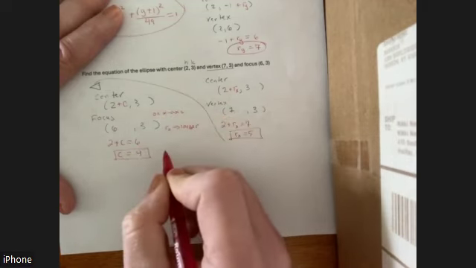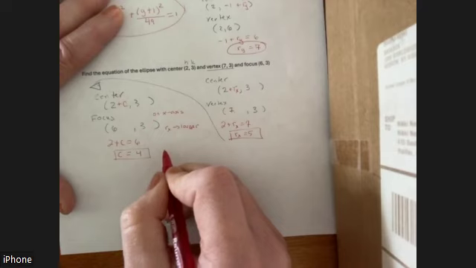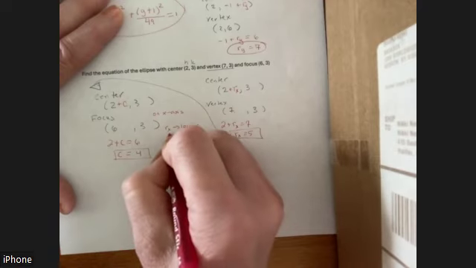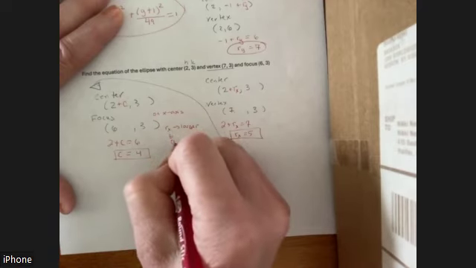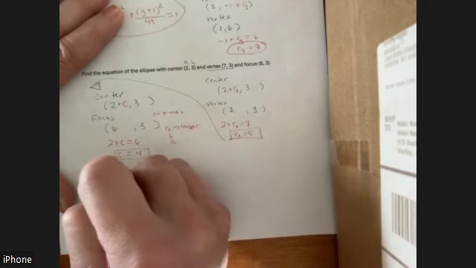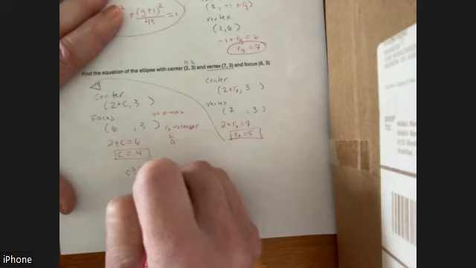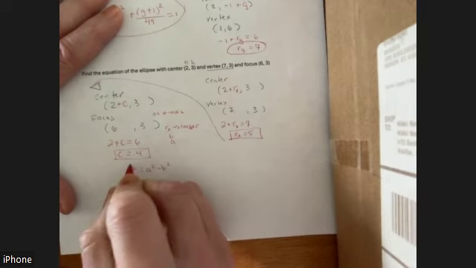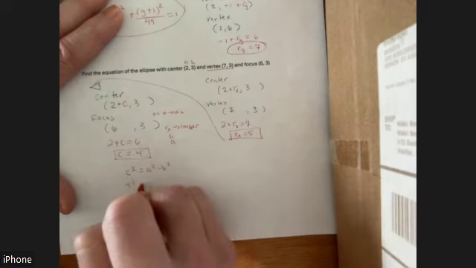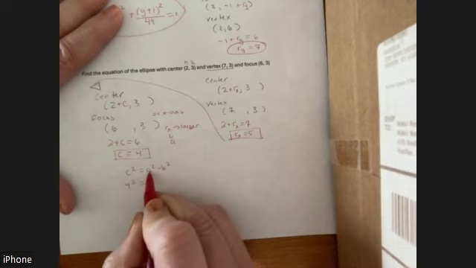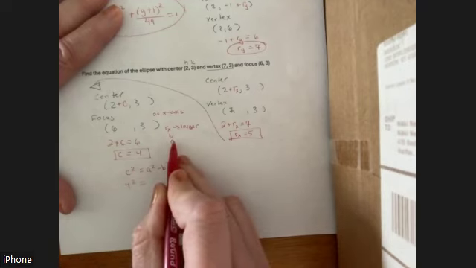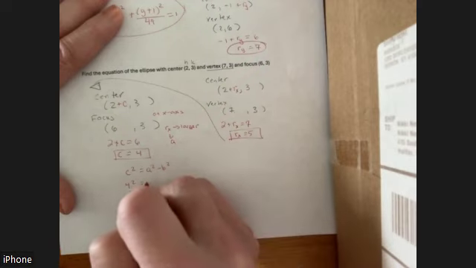So in our a's, b's, and c's, that means this is the a, the larger, right? So if we're going to use c squared equals a squared minus b squared, we know c now, so that's 4 squared. So a is the larger of R sub X or R sub Y, so it's R sub X, which we know. So that's 5. So 5 squared.